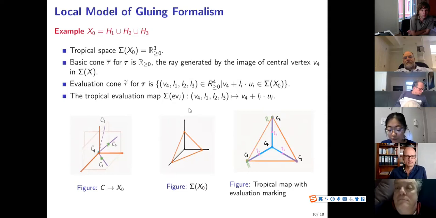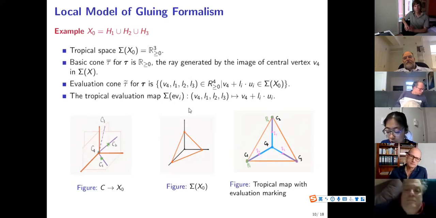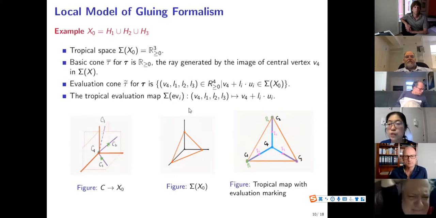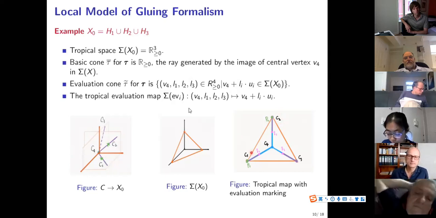And as for the evaluation cone, we simply add an additional marking for each of the edges and each of the marked points, or each of the punctures. Since these two marked points have contact order 0, the tropical maps always map them to the vertices of C1 and C2, so they do not contribute to the evaluation cone.